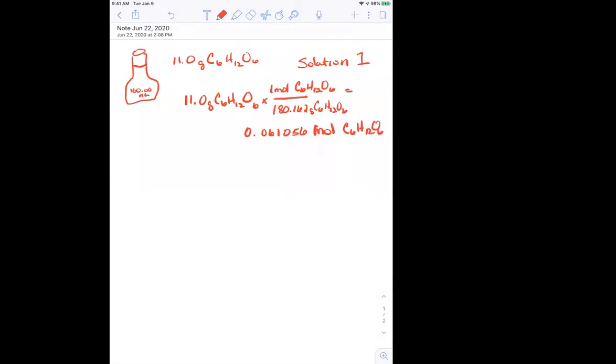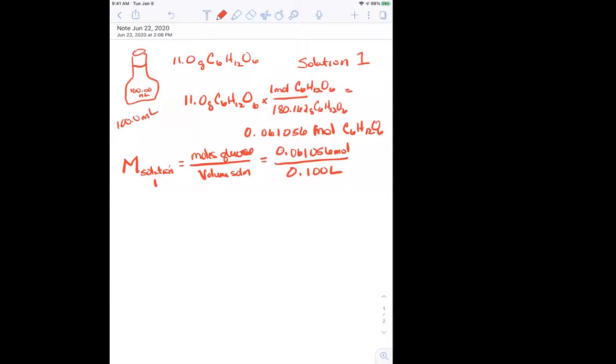So the molarity of this solution 1 is going to be equal to the moles of glucose over the volume of the solution, which is equal to 0.061056 moles, and don't drop your zeros, that'll be the kiss of death, all over 0.100 liters, because 100.0 milliliters is equal to 0.1000 liters.